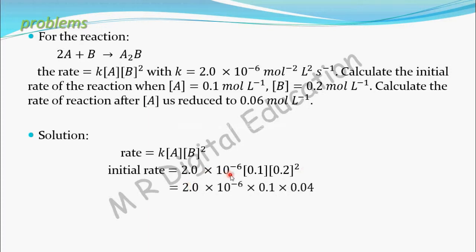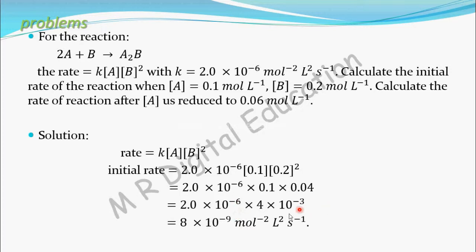Keep this as it is, into 0.1 into 0.2 to the power 2, which equals 0.04. Now 0.1 into 0.04 is 4 into 10 to the power minus 3. Now 2 into 4 is 8. So 8 into 10 to the power minus 6 into 10 to the power minus 3 is 10 to the power minus 9, because minus 6 minus 3 is minus 9.